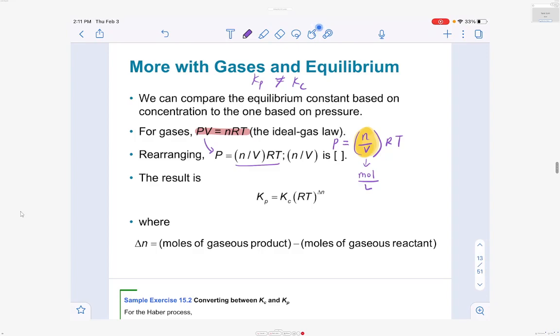So it equals molarity. Let's say you're working with compound A, it's basically the concentration of A. So the partial pressure of compound A is basically the concentration of A times RT. R is the gas constant, and T is the temperature.